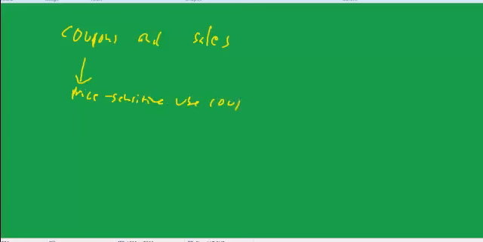Another case of price discrimination: coupons and sales. What a coupon does is it allows you to sell at two prices. You can have a price for price-sensitive customers and they'll use the coupon.